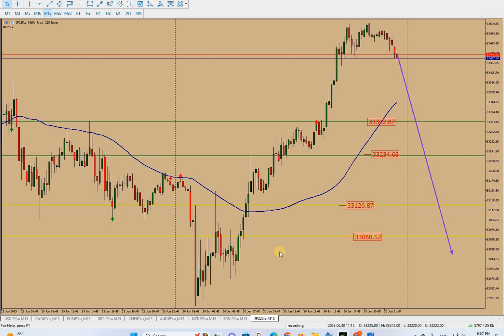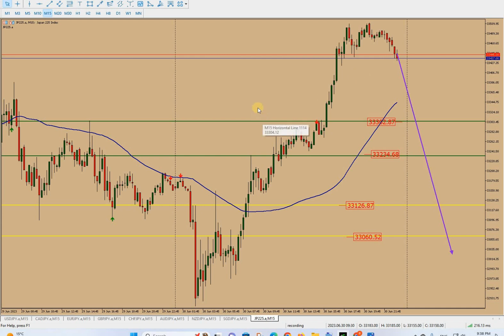If the index is heading down, it means the Japanese currency is getting stronger, and compared to the other currency you have to go and sell the pair. So when the index is heading down for Japan, the currency in Japan is going to be very strong.